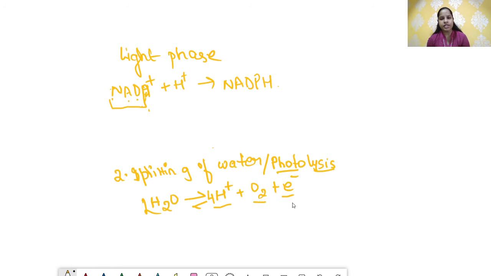What will happen to this electron? This electron is then used by ADP, that is adenosine diphosphate. There are two phosphates, that's why we call it diphosphate. In the presence of the electron, what will it do? It forms ATP, which we all know is the currency of energy.